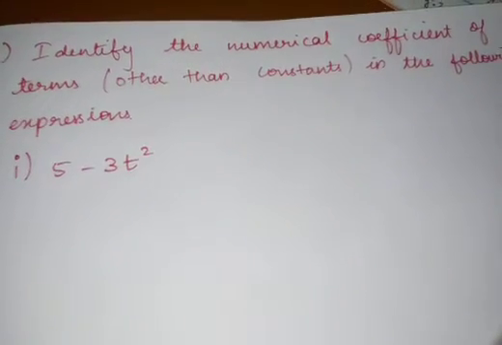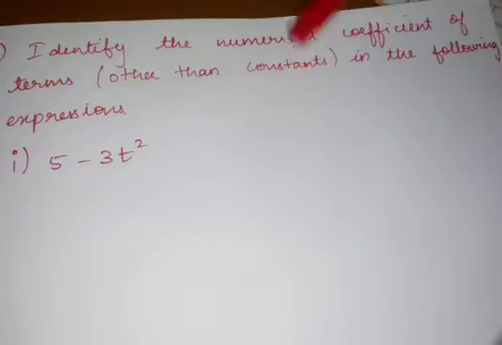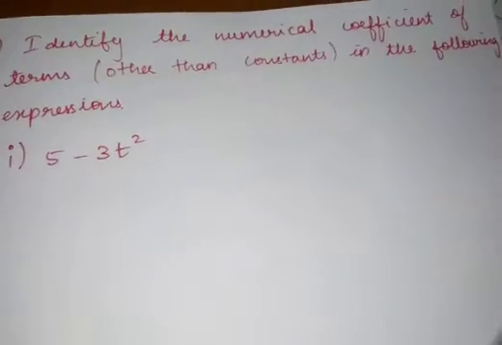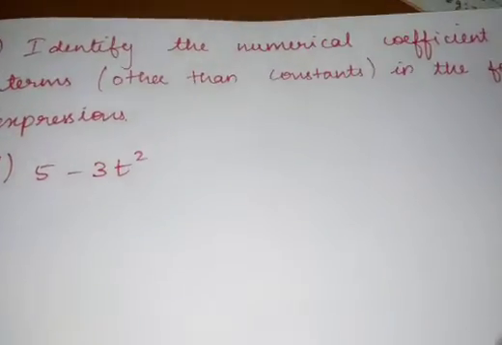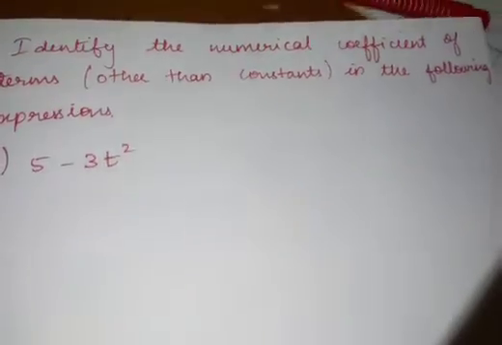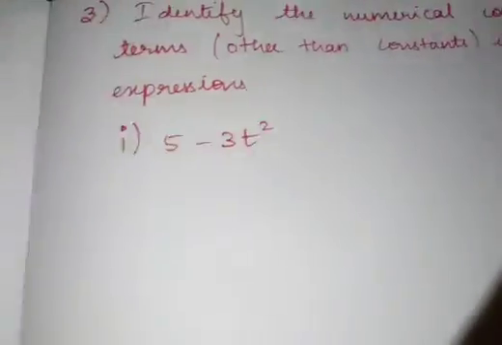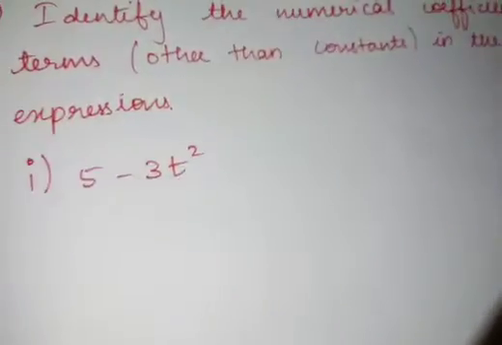Next is your third problem. Identify the numerical coefficient of terms other than constants. We are supposed to take the terms which are other than constants in the following expression. How many terms are there in this expression? 5 comma minus 3t square, right?